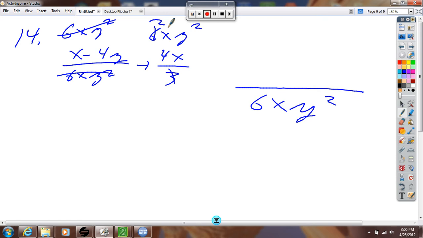So I have x minus 4y plus what? 8x squared. 4 times 2, 8. How many x's? 2. 1 here and 1 here. X squared, y squared, y. Obviously, nothing's common because this has an x, this has a y. They don't have the other one, so there's nothing common. We're done. That's your answer. Common denominator, cancel, multiply.